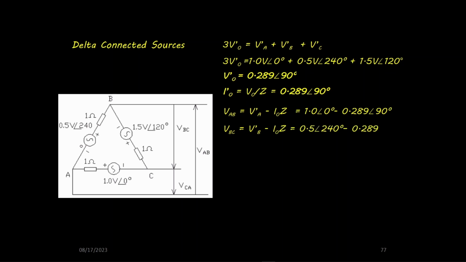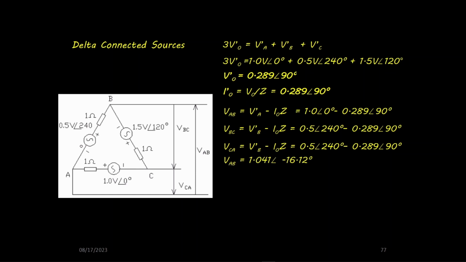VBC equals VB minus I0 times Z equals 0.5 at 240 degrees minus 0.289 at 90 degrees. VCA equals VC minus I0Z equals 1.5 at 120 degrees minus 0.289 at 90 degrees.